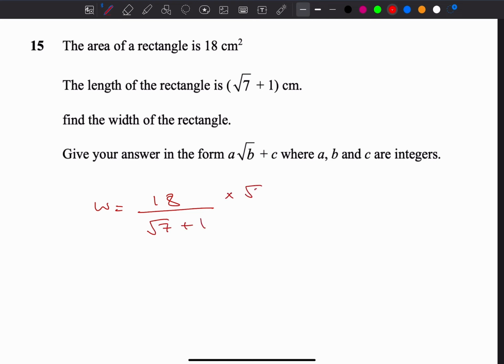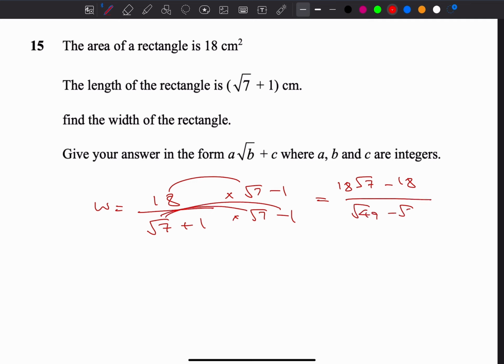Rationalize it, times it by root 7 minus 1, times it by root 7 minus 1. That will give you 18 root 7 minus 18 over root 49 minus root 7 plus root 7 minus 1. That and that cancel.